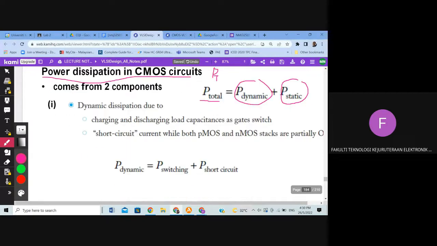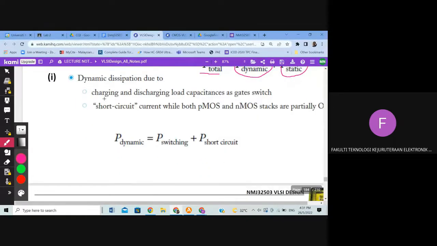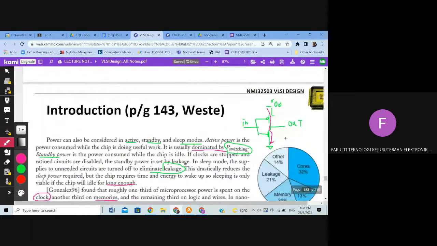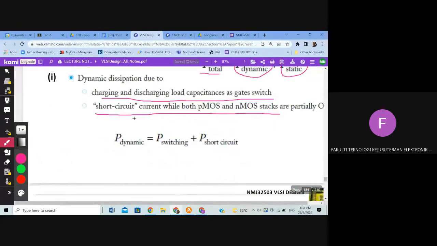P dynamic, if we expand it, comprises the charging and discharging of the load capacitance as gates switch, and the short circuit current during PMOS and NMOS switching.